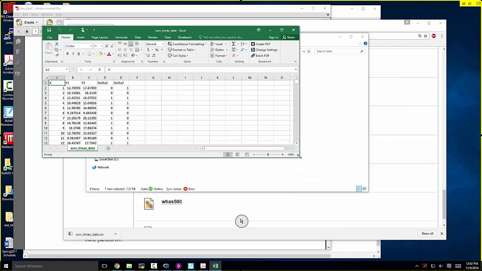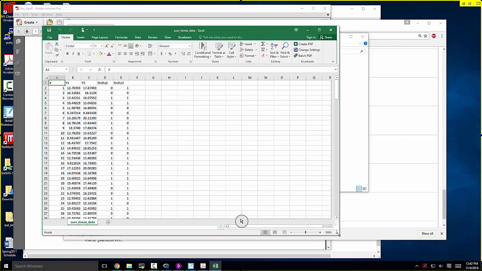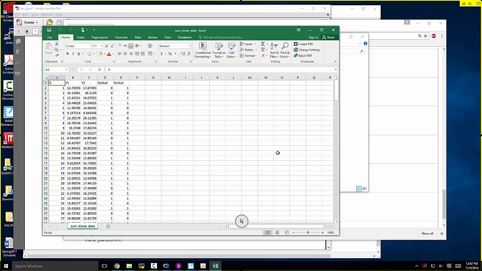Okay, so what we have is 2 comparison groups, and for each comparison group we have survival times.